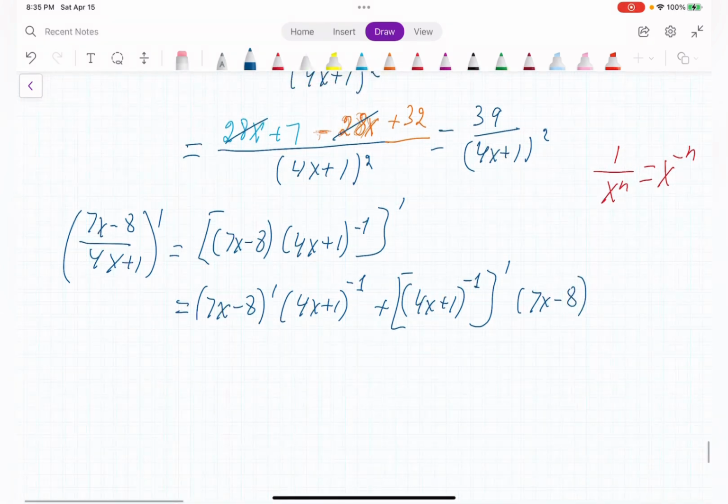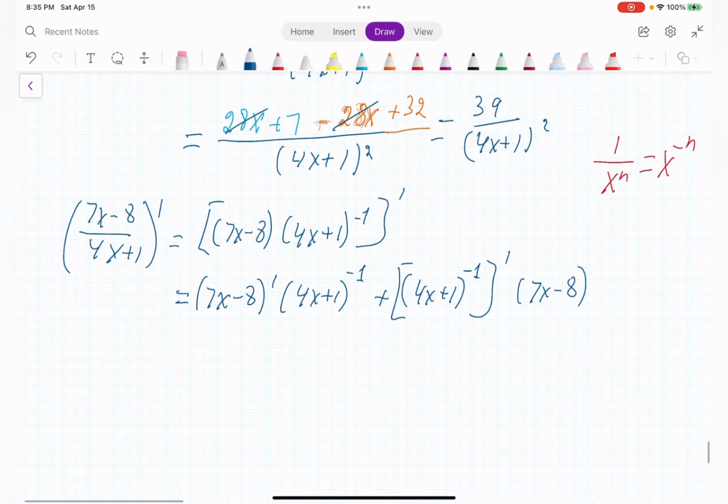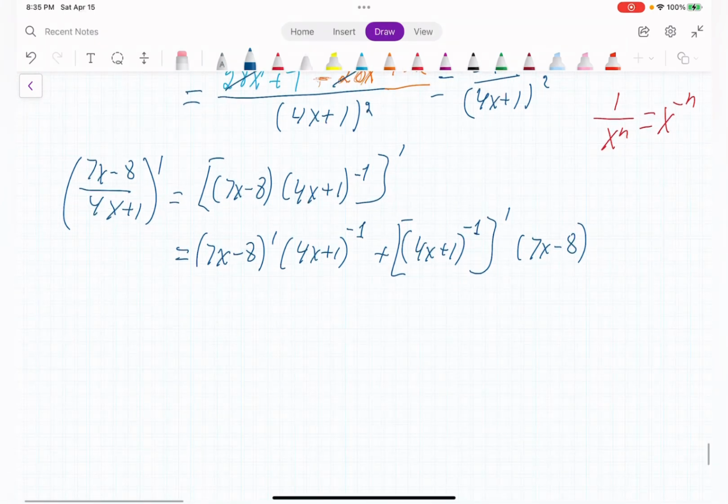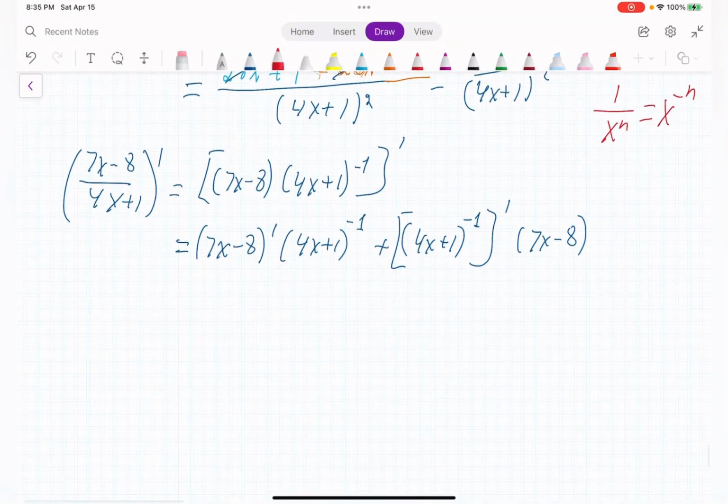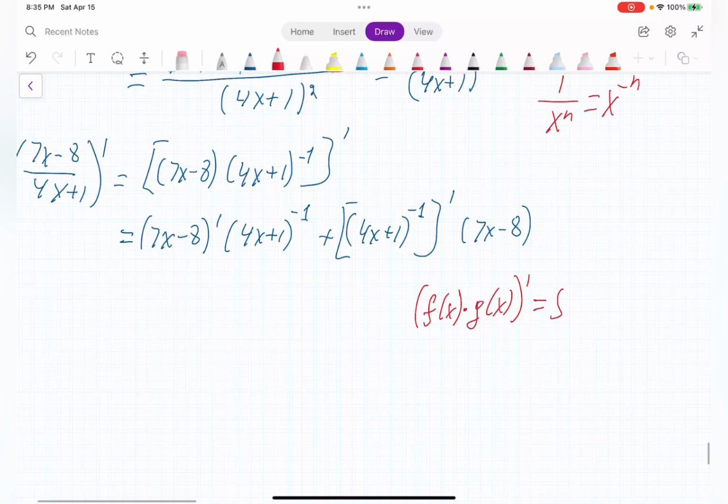You remember the product rule, for people who don't remember: f of x times g of x, the derivative is equal to f prime g plus g prime f.